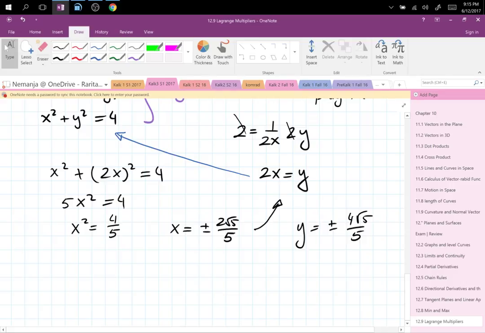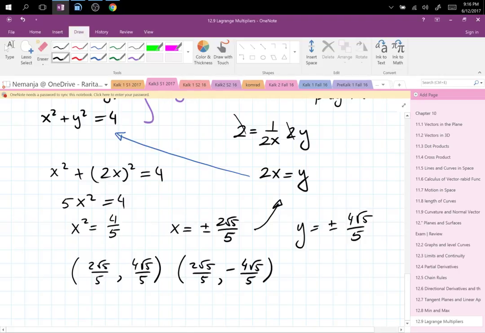I have 4 points of interest. I have 2 root 5 over 5 and 4 root 5 over 5. I have all combinations of these, right? 2 root 5 over 5 and then negative 4 root 5 over 5.